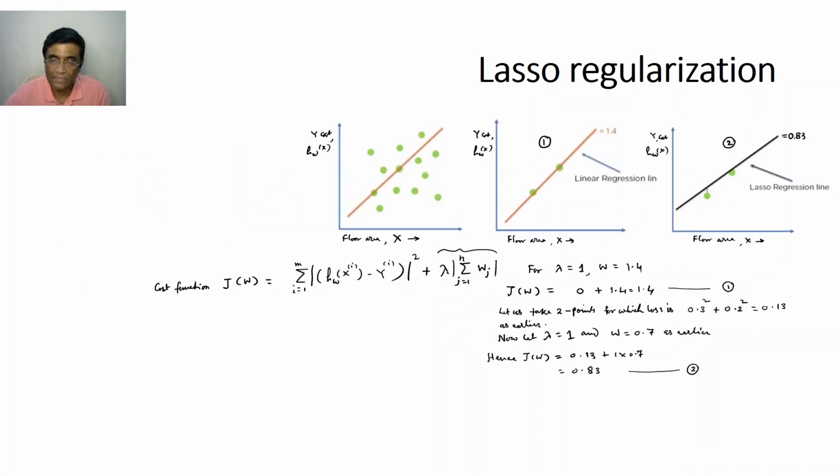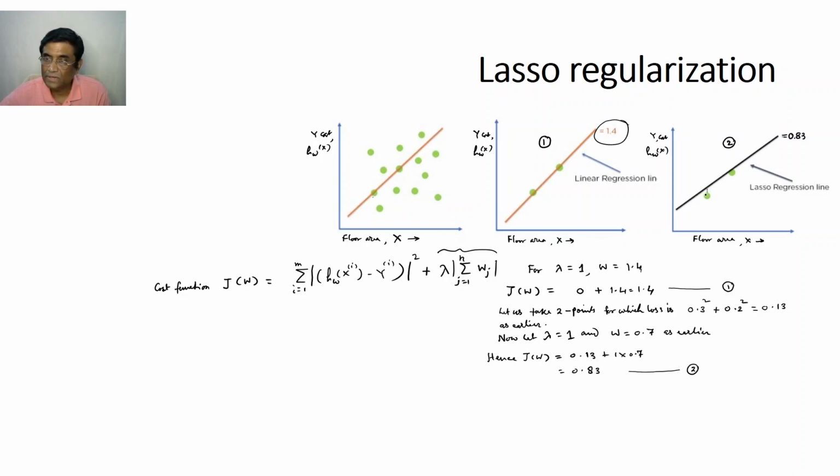We can add a parameter lambda times the absolute value. So instead of square, lasso adds this parameter, and then we again take the 2 points overfitted, then evaluate the cost function, which is 1.4 cost, and then take the 2 points again.